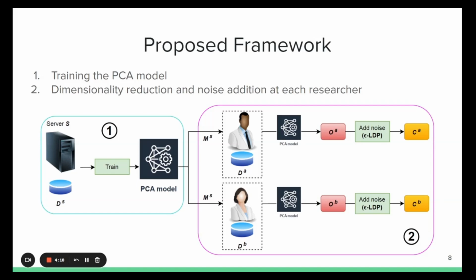As a result, each researcher obtains the projection of individuals in their dataset with respect to the trained PCA model. In order to achieve local differential privacy, and hence to protect the privacy of the records in their local datasets, researchers add Laplacian noise to each of the samples.